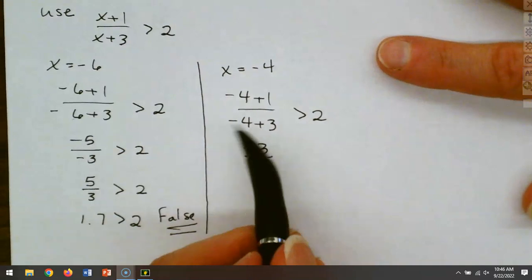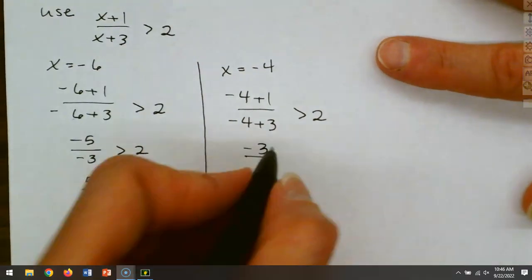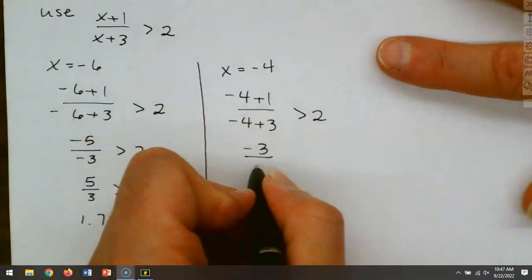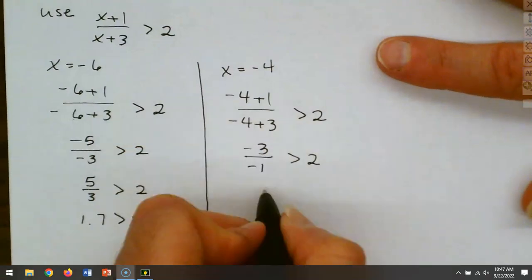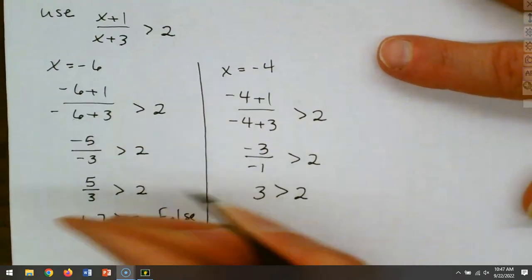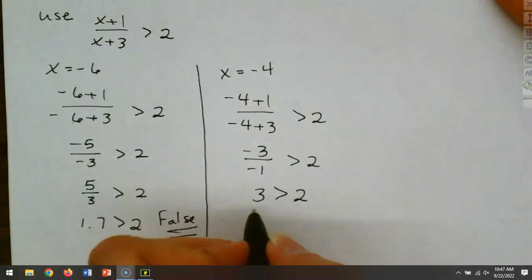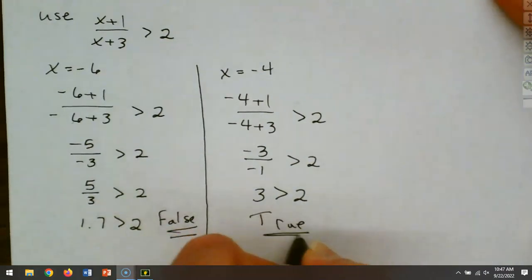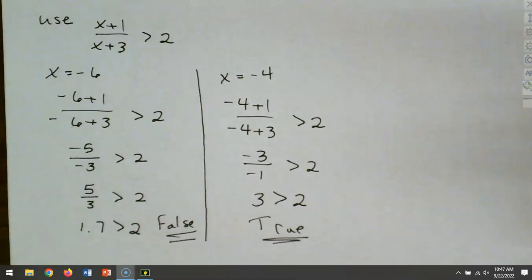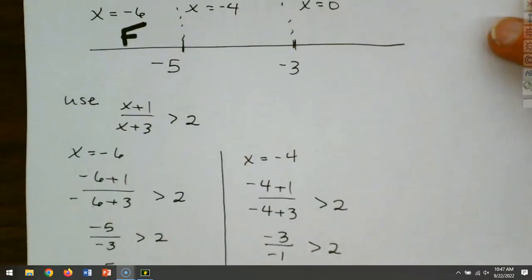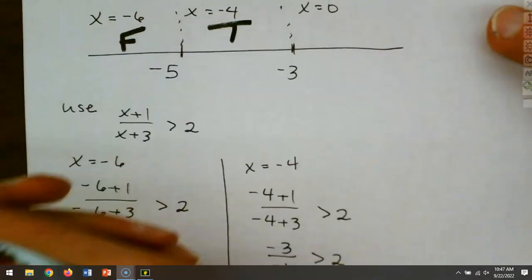Minus 4 plus 3, that's a minus 1. Negative and negative makes it a positive 3. And is 3 bigger than 2? True or false now? Is 3 bigger than 2? Yes, it is. So that's going to be true.